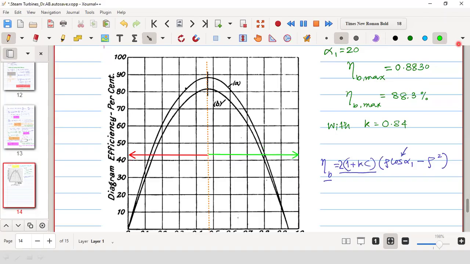So in this zone, the first half, the increment of this is more compared to the increment of this.